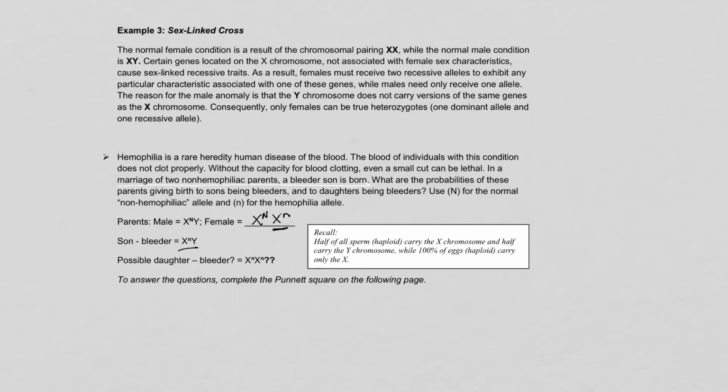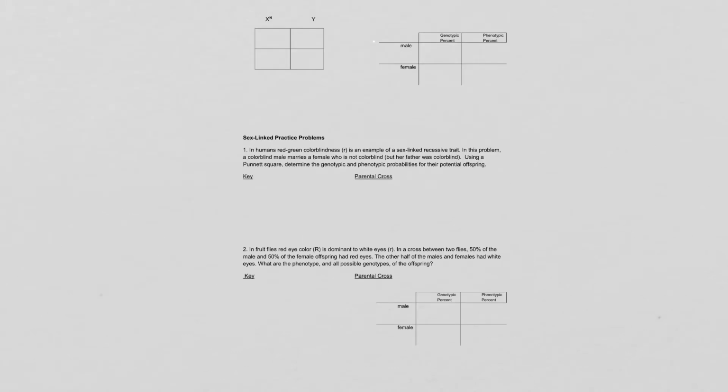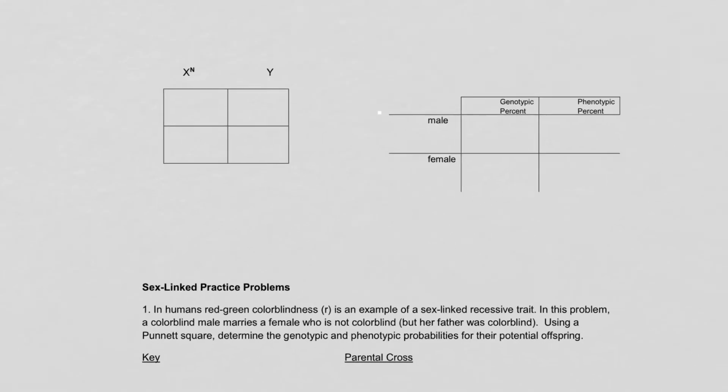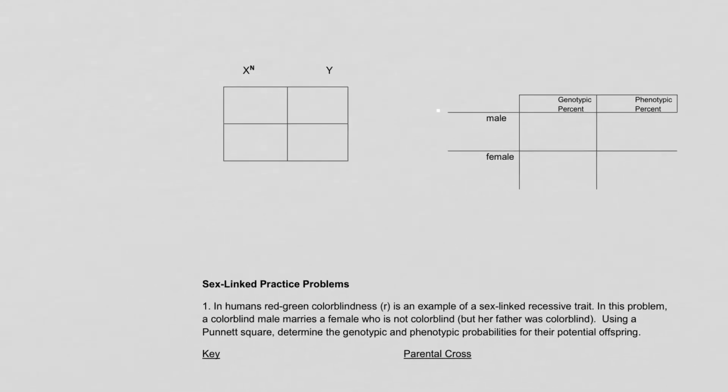And it's asking if they could have a possible daughter that could be a bleeder, and asking to complete the Punnett square on the next page in order to figure that out. So, dad is here. You know that because of the Y chromosome. And we determine mom's genotype is this.